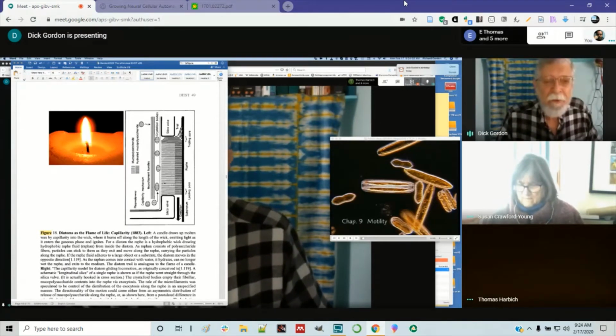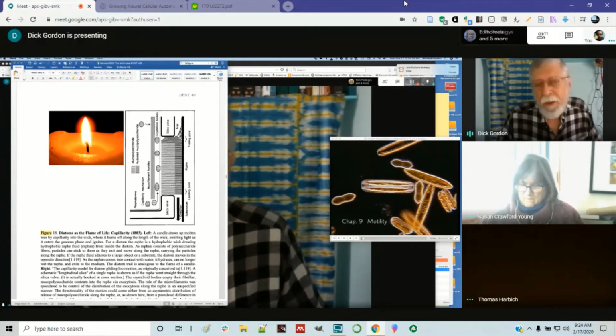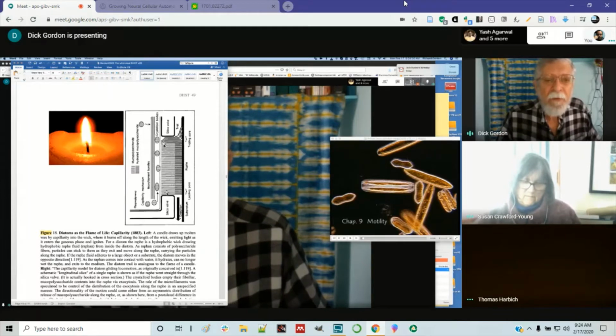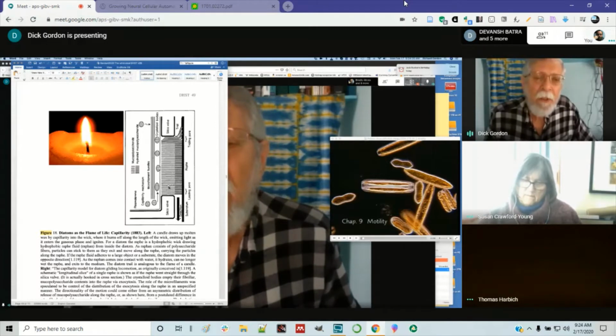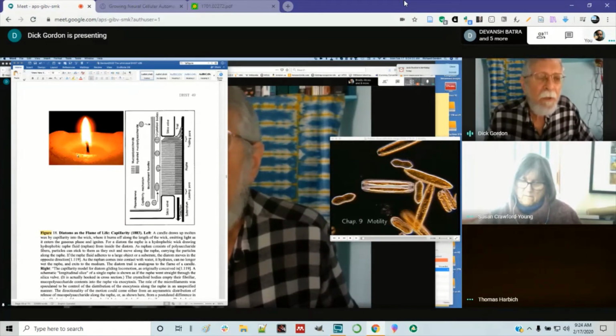Now you have to sort of reverse your thinking here. The idea is there's some evidence that the walls of the raphe are hydrophobic, and this stuff that's in the raphe, I've given it a name in this paper. I call it Raphan, R-A-P-H-A-N. This stuff is hydrophobic, so it can fill the raphe. And by the way, so is wax.